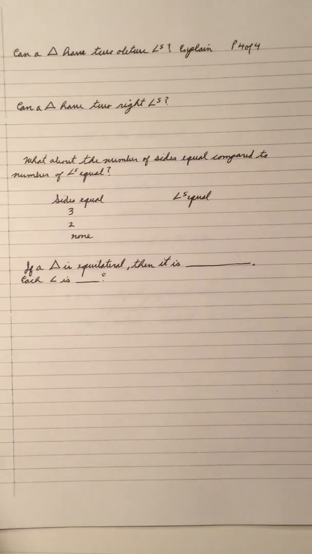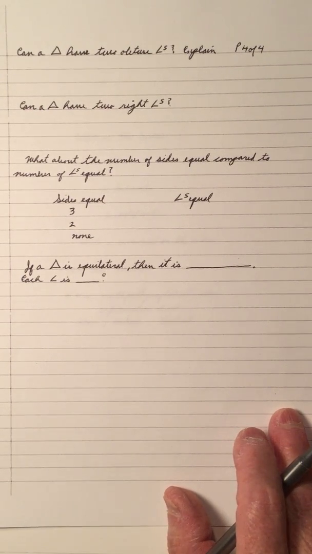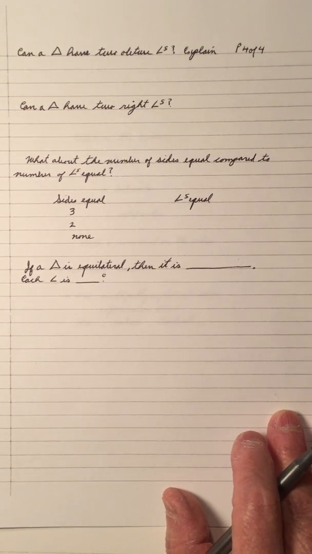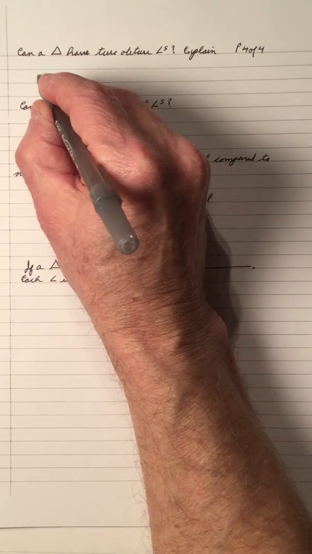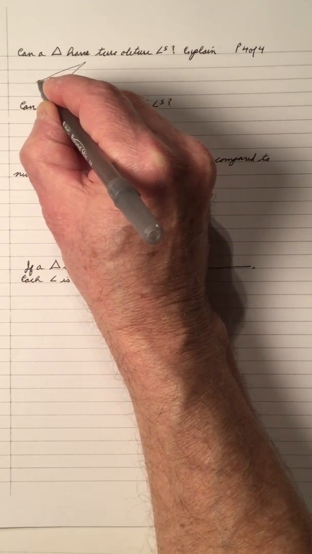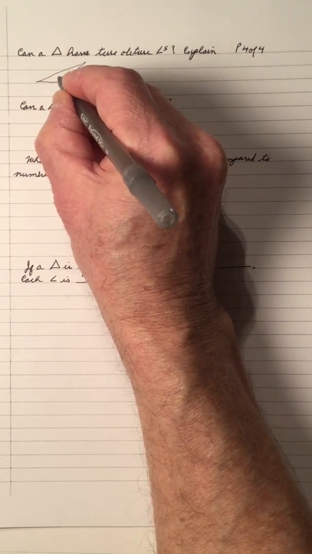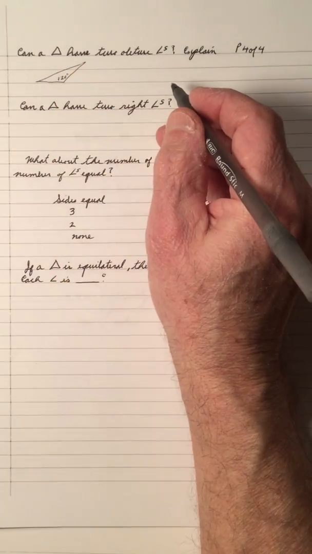Okay. A few questions I have to ask now. That's to help you in your thinking. Can a triangle have two obtuse angles? Explain. Well, if you draw a triangle and you have one obtuse angle, let's say this angle is 120 degrees. That's obtuse.